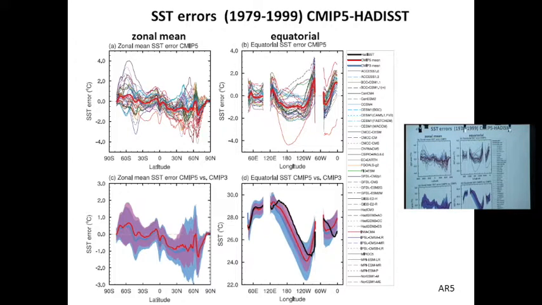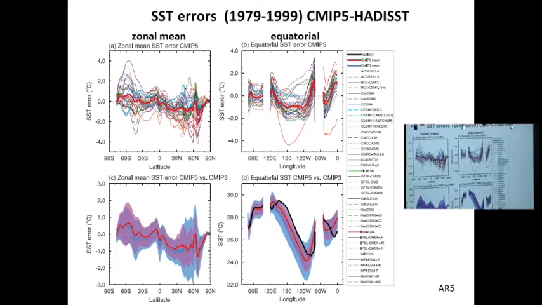So the error is not so high in the southern hemisphere, southern oceans. But in the north hemisphere, the errors are larger. And the model underestimates. Model represents the temperature less than the observations.